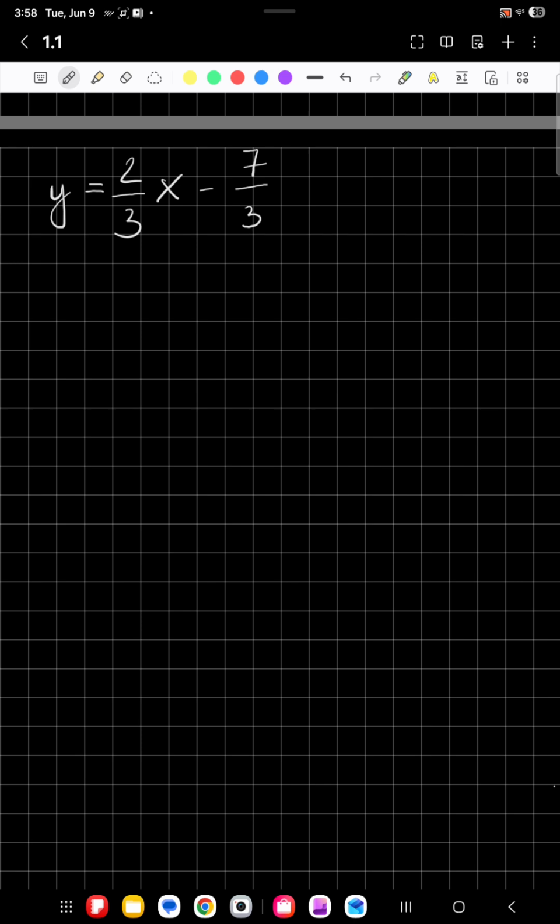Then the line that's perpendicular, so here the slope was 2/3. And then the slope of a perpendicular line will be m equals negative, right? So opposite and then reciprocal, 3/2. Okay, basically the same thing, right?